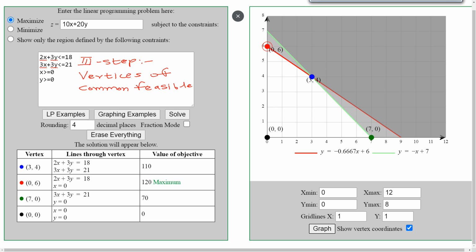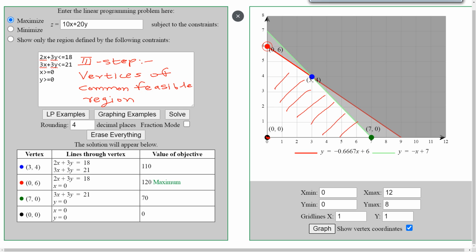In order to find the vertices of the common feasible region, you see this is the common feasible region which we have identified in the previous step. So it will have four vertices.